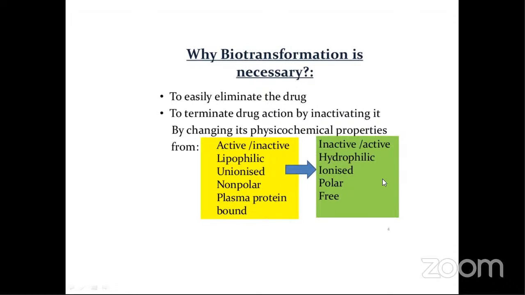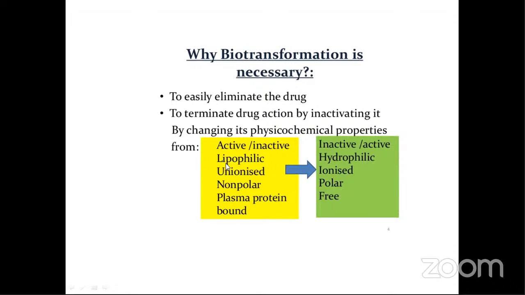You can do this by different methods. Some active drugs can be converted to inactive drugs, or inactive drugs converted to active form. Inactive means you can give the example of prodrugs; these are inactive and can be converted to the active form, that is the original drug. And sometimes an active drug after metabolism is converted to inactive.